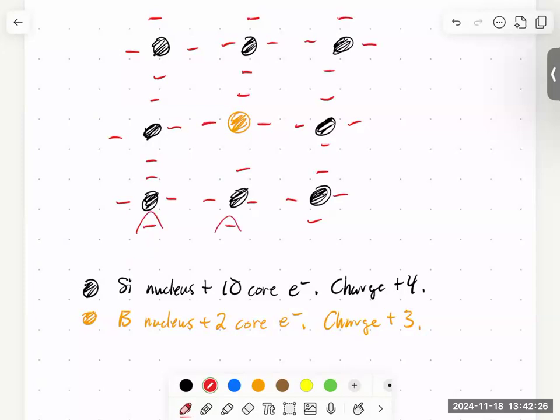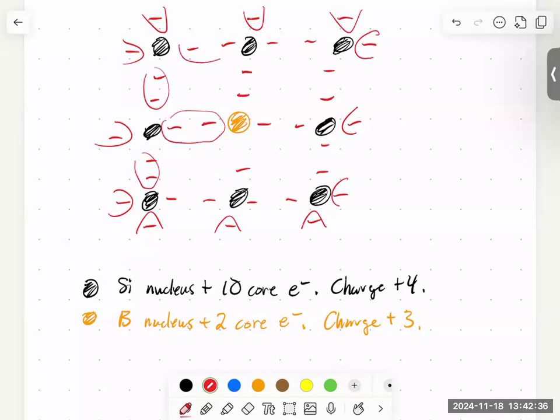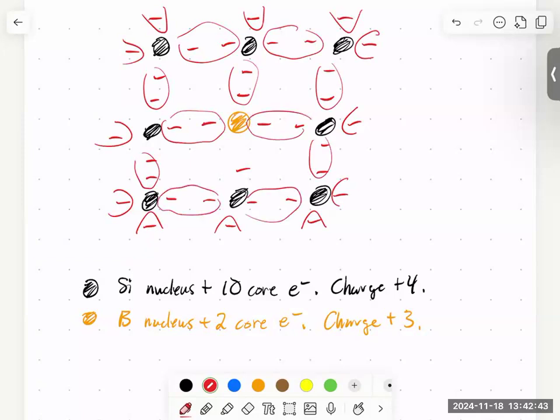Okay, and so here are our covalent bonds. Now there is a missing covalent bond.